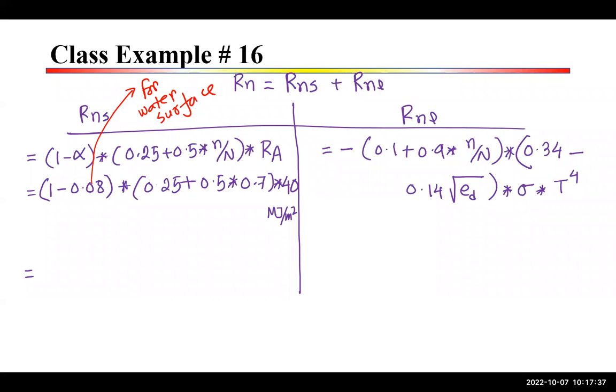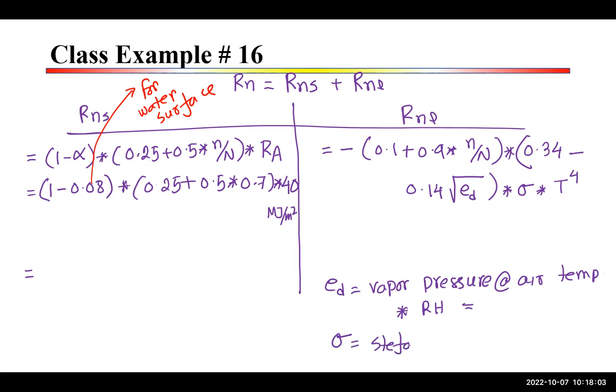Okay, now we know what is n over N. The ed is actually the vapor pressure at air temperature multiplied with relative humidity. We will find out that sigma is the Stefan Boltzmann constant.